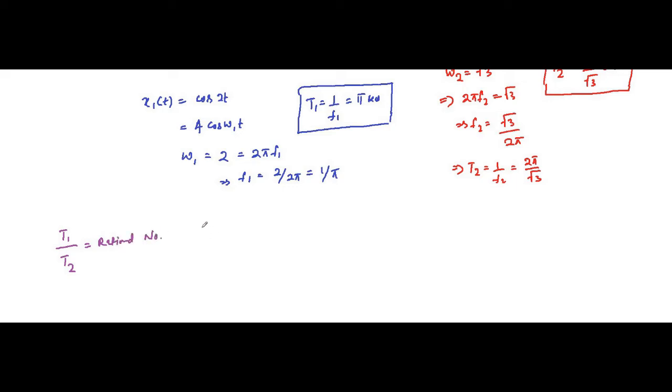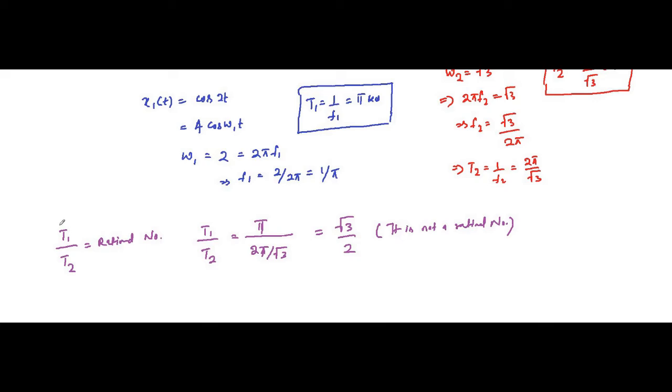So here T1 by T2 is equal to pi by 2 pi by root 3. Here pi gets cancelled, it is equal to root 3 by 2. So as you can see, it is not a rational number.